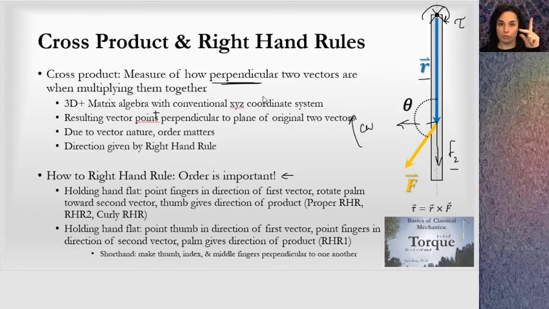A lot of people prefer this one. This is a very easy one, and this is the one I'm going to use. But right-hand rule 2 is also a very intuitive curly right-hand rule, like which direction is something moving in a circle, and then the other vector will be pointed by your thumb. So I will give examples of these as we move forward.